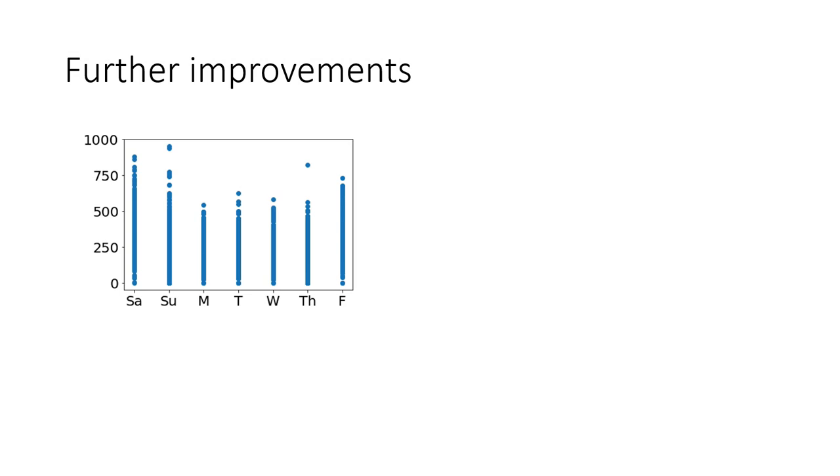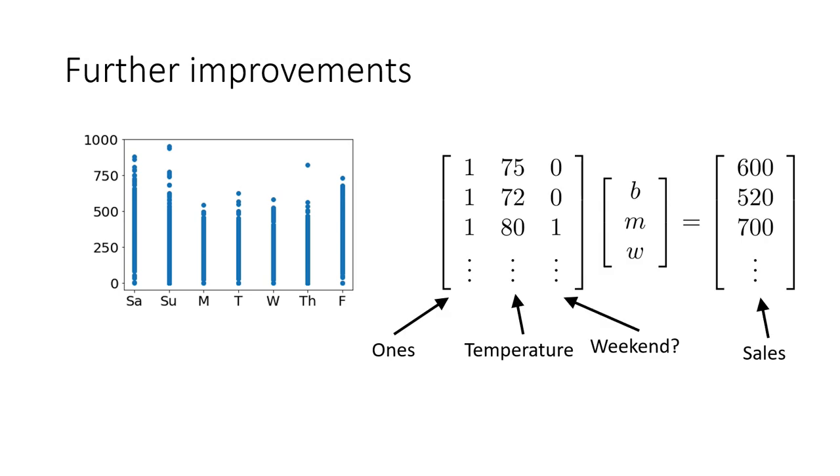You can include that into the model by adding an extra column to the matrix, which indicates whether each day is a weekend or a weekday with a 0 or a 1. So if you add that and an extra variable w for unknowns that just represents the extra amount of sales we expect to get on weekends, then we can again get a matrix equation that can be solved using the exact same approach as the one before.